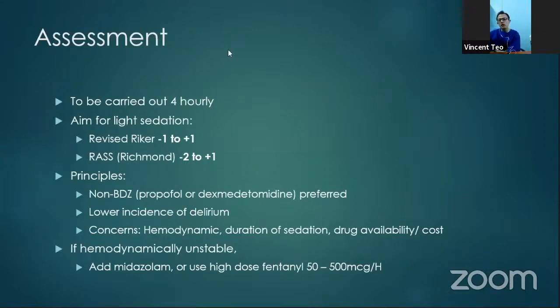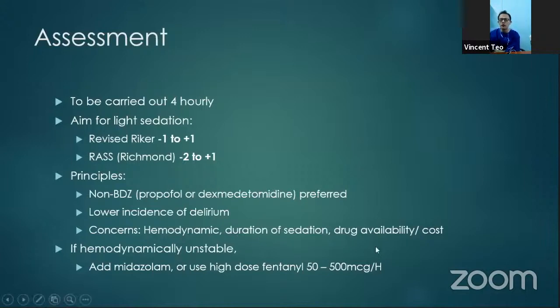However, the problem with using propofol and dexmedetomidine, which is commonly known as Precedex by its brand name, is that it has a great impact on the hemodynamics, and patients would tend to require inotropes.